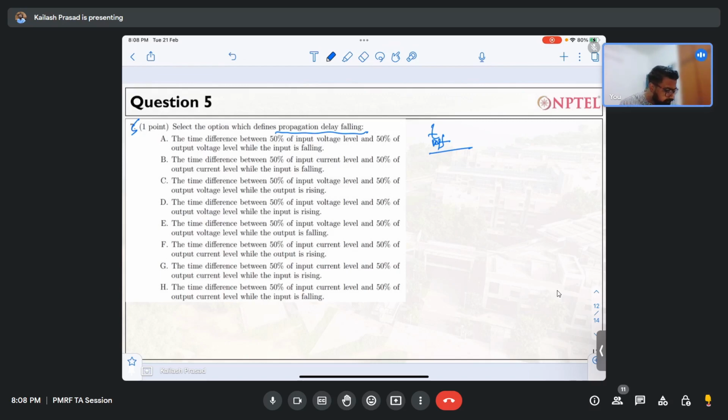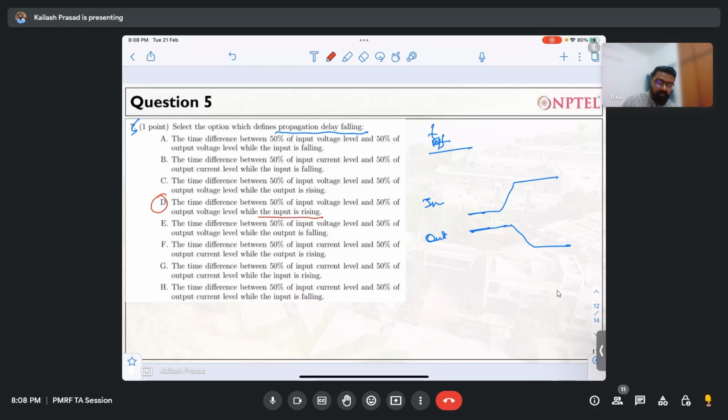Falling delay means the output is falling, so the input will be rising and the output will be falling. If this is your input and this is your output, how do you calculate the delay between them? Anyone? Is it D? Delay, falling delay, so the input is rising.